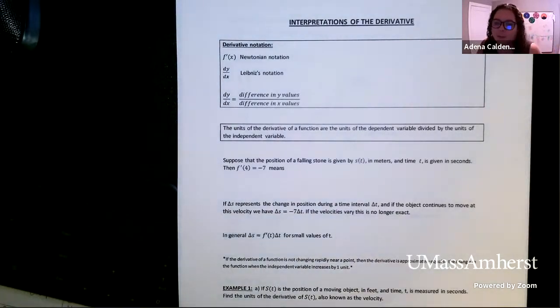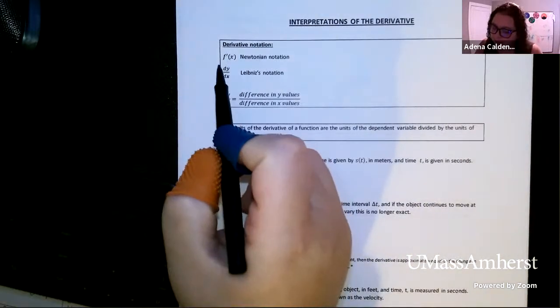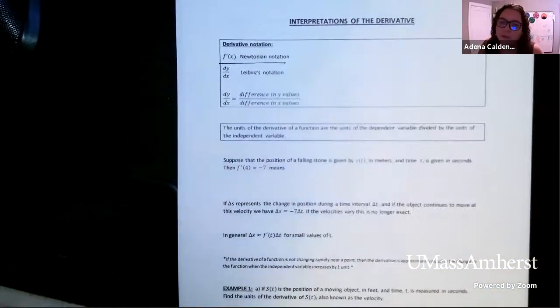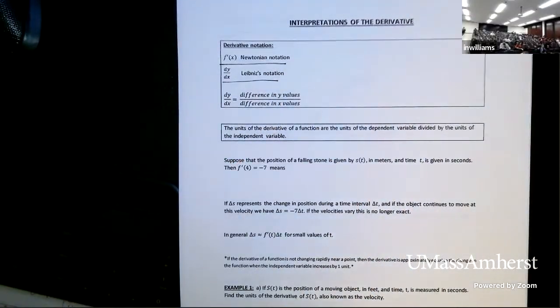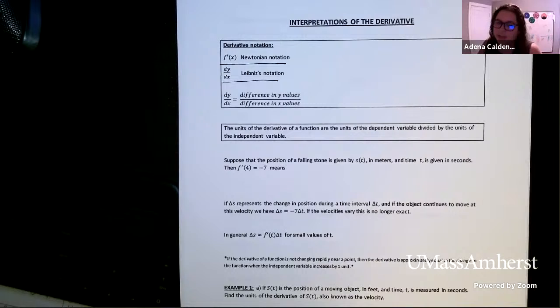The common ways we talk about the derivative: we have f prime, which is Newton's notation, and we have dy dx, which is Leibniz's notation. For the purpose of units, Leibniz's notation helps us better understand the units of the derivative. When we talk about dy dx, it's talking about the derivative of the dependent variable with respect to the independent variable.